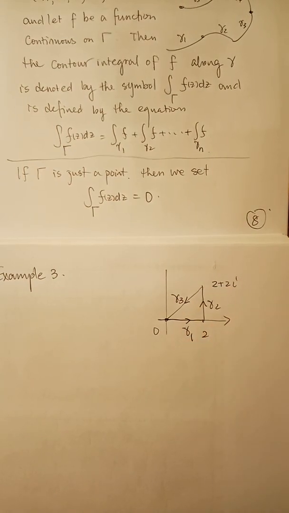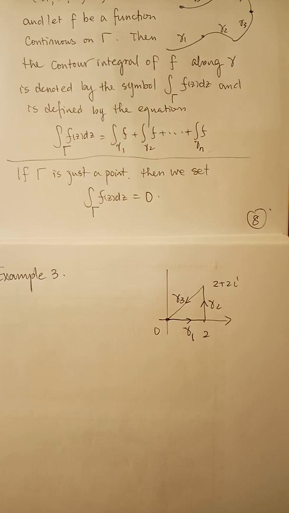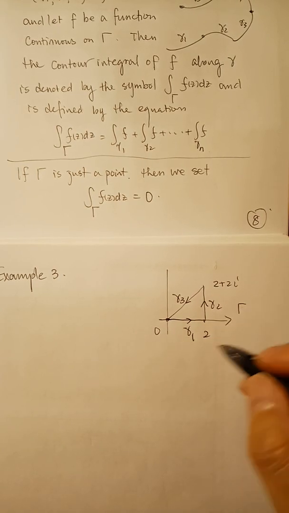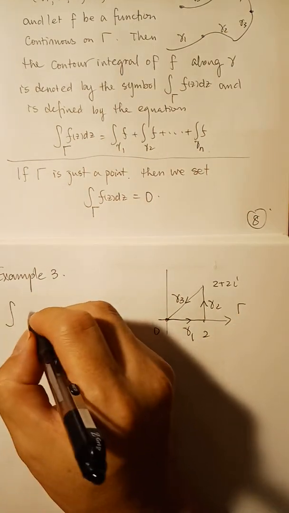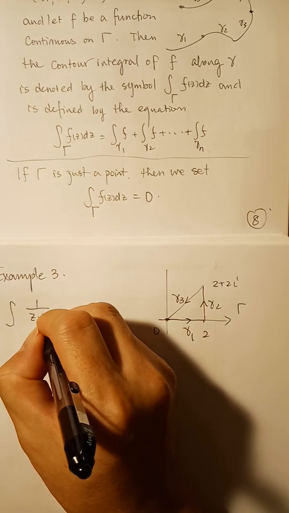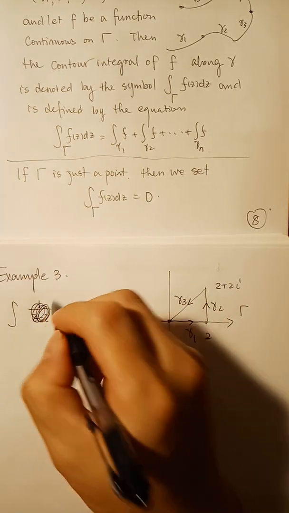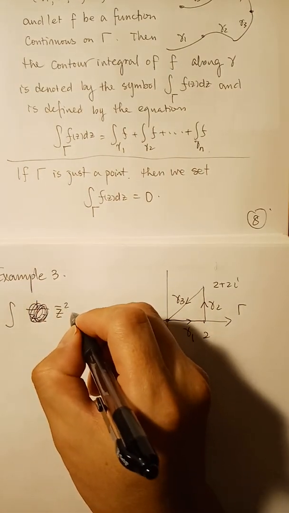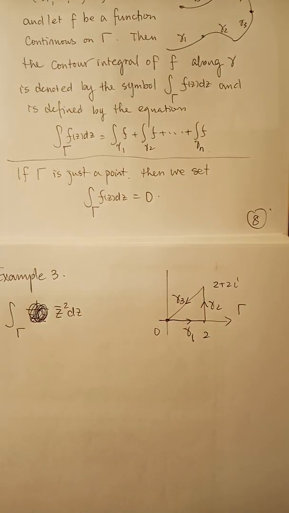It's also closed, but it doesn't matter. It's not necessarily closed. It's just a piece by piece smooth curve. So this is the contour, capital Gamma. It's counterclockwise, and we're trying to integrate z bar squared dz along gamma.